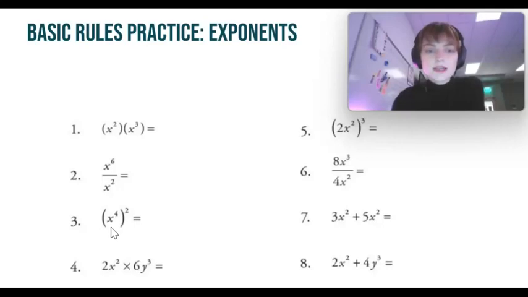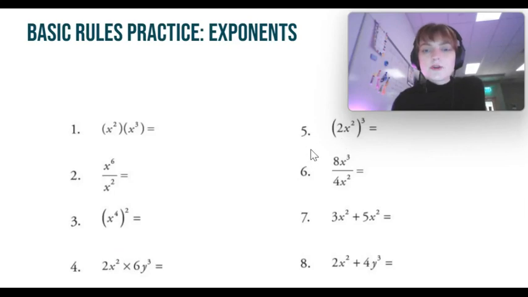In example 3, because we are raising an exponent with a base to another power, we have to apply that exponent to everything in parentheses. So we would multiply x to the power of 4 by 2, leaving us with x to the power of 8.